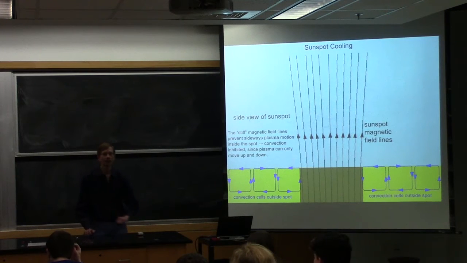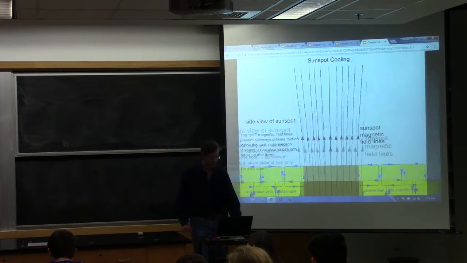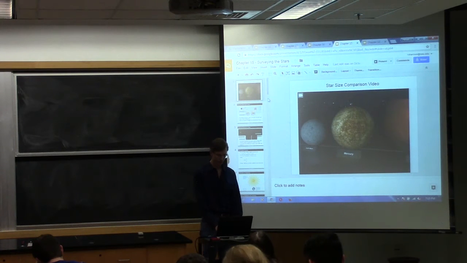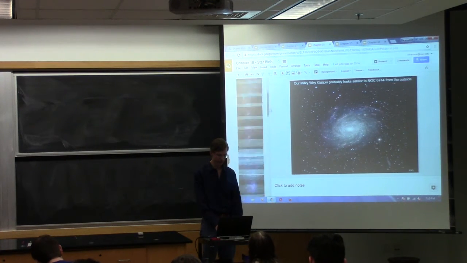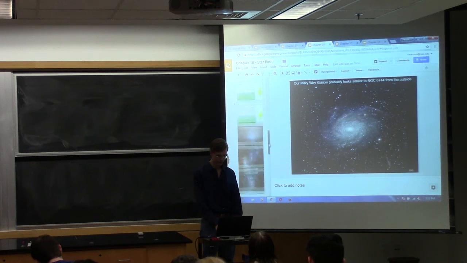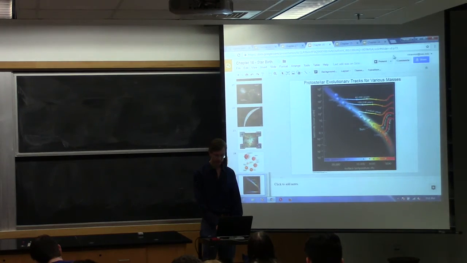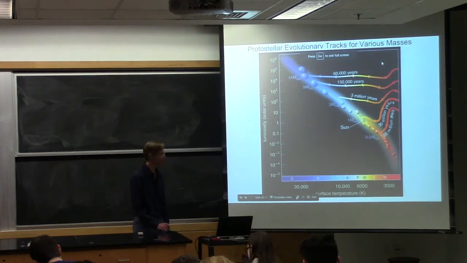Okay. Yeah. How long does it take for it to start the nuclear fusion? Depends on the star. Like everything else, the more massive the star or protostar, the faster it goes through its life. There's a figure in your book, which I think I included here. Here are protostellar evolutionary tracks for various masses.